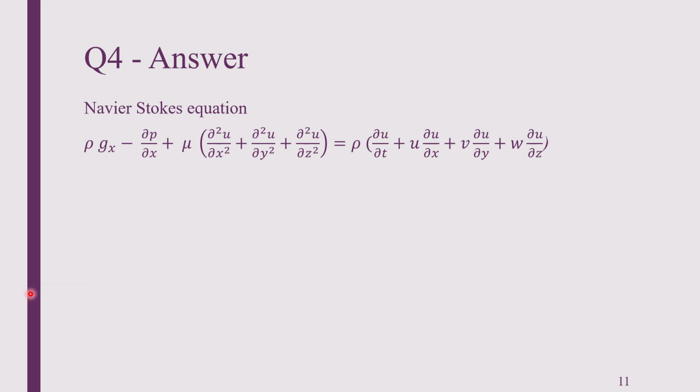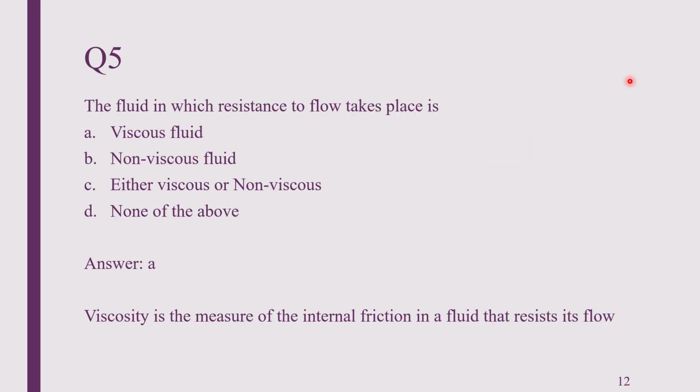So four equations come into the picture while we are solving the CFD equations. This is for one component only. Similarly, the other two components' equations will also come into the picture. So we'll go to question 5.